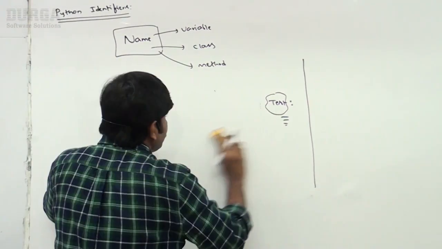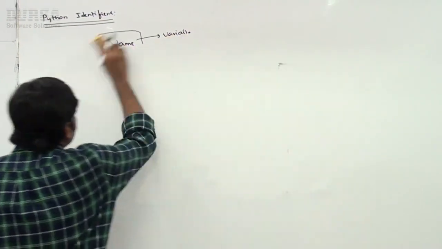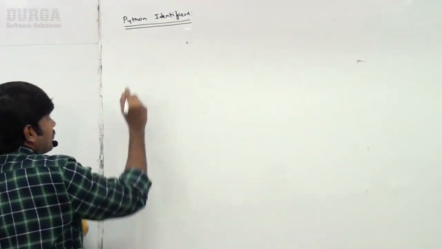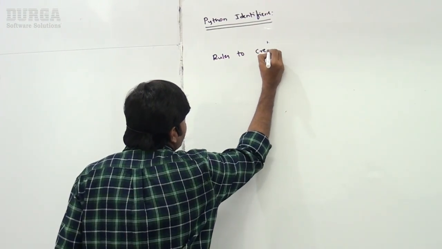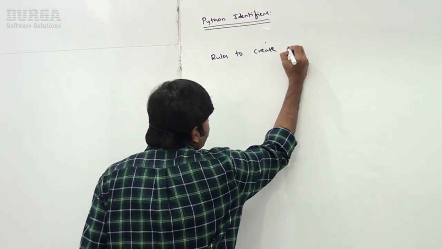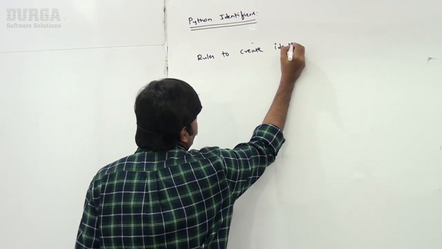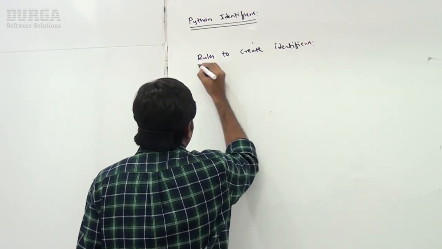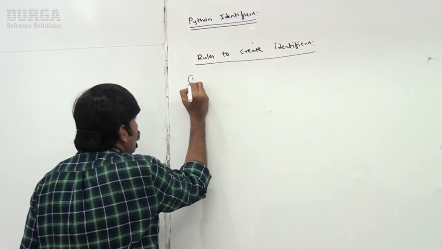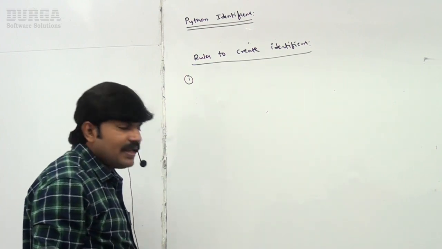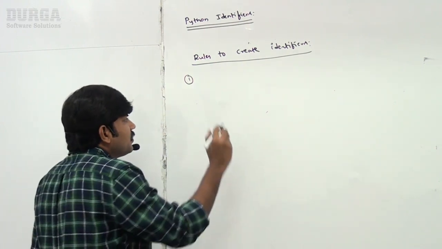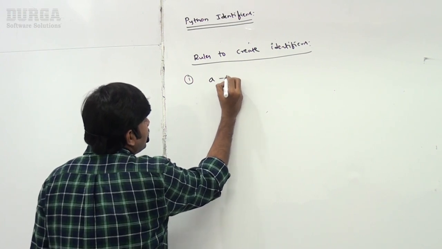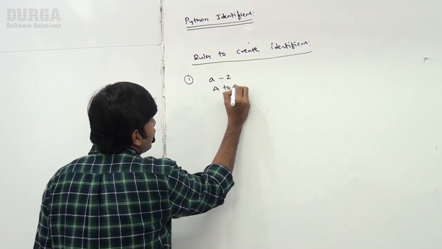Rules to define or create Python identifiers. What rules are there? The first rule is that the only allowed characters in Python identifiers are alphabet symbols, either small a to z or capital A to Z.